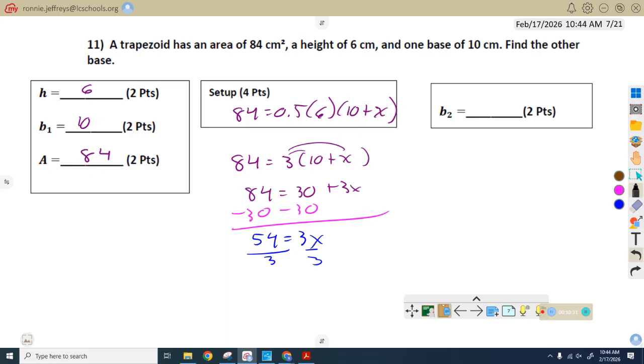Turn on the calculator. So 18 centimeters. Okay, now this is asking for a length, not an area. So that means we would not have to put the unit of measure squared.